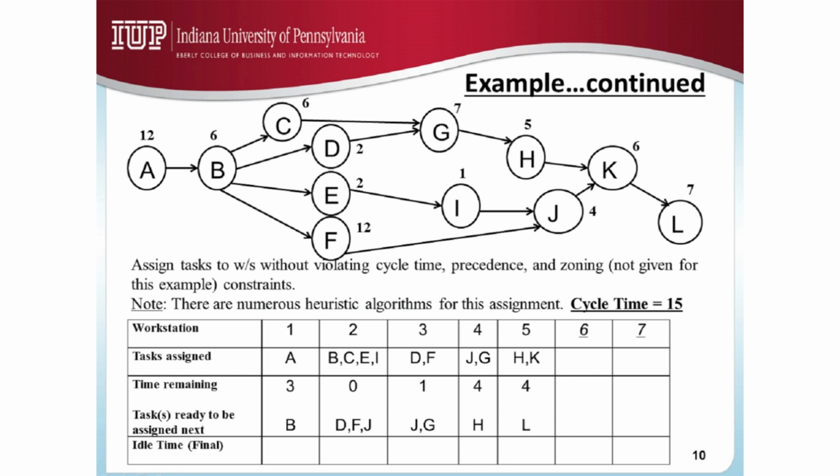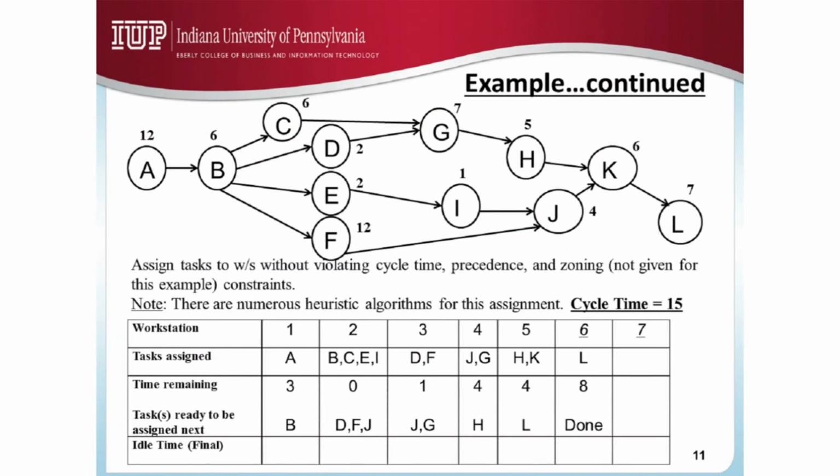Unfortunately, L takes 7 minutes. Now we know the need for the 6th workstation. Although you said earlier that the theoretical or the minimum number of workstations was 5, we ended up in this assembly line with a 6th workstation.